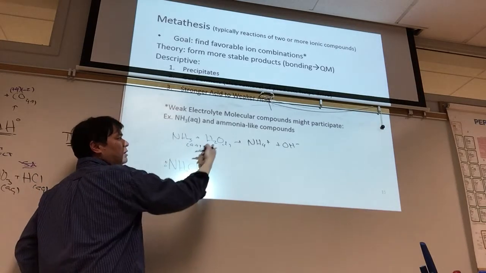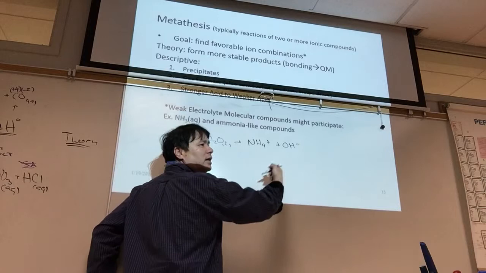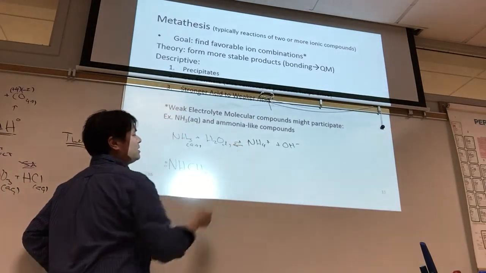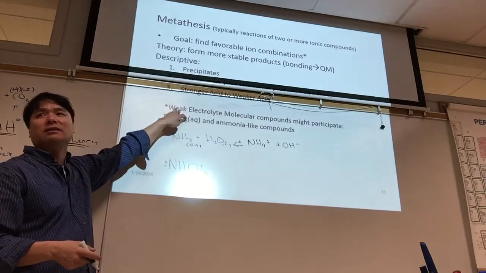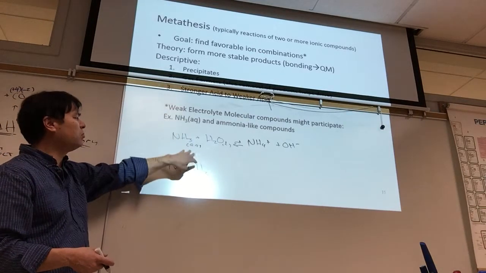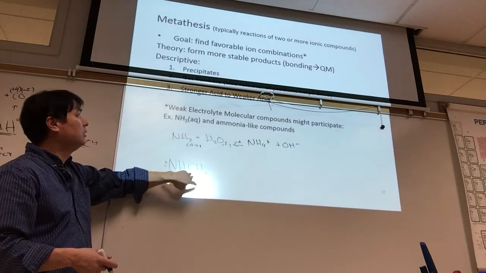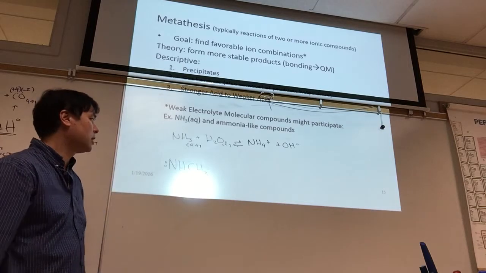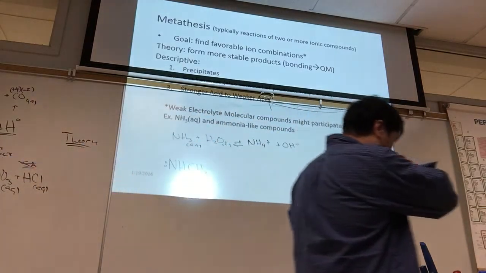Methylamine will hydrolyze water to form the methylammonium ion and hydroxide. And so we form little bits of ions. These little bits of ions react in metathesis reactions. And so this is how molecular compounds can participate in metathesis reactions.